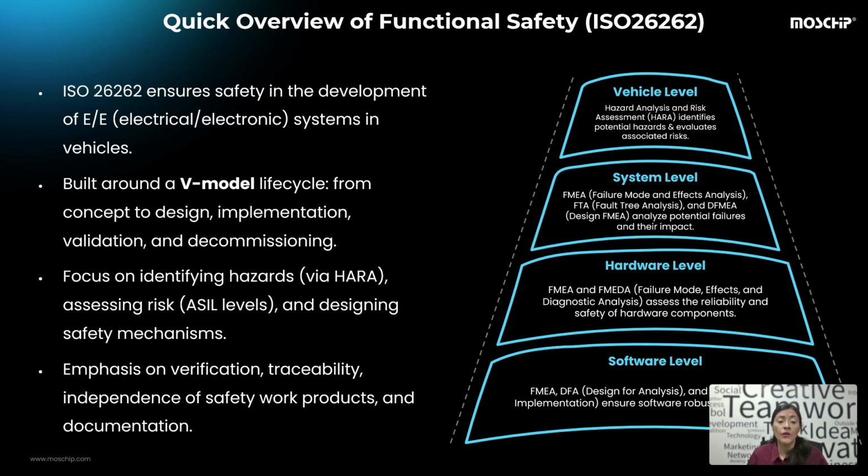At Moschip, we accompany customers through the entire journey: planning, analysis, architecture, tool qualification, and finally post launch validation. So, safety isn't a patch, it's properly baked into the product DNA. Keep the rhythm of this four-step loop in mind. On the next slide, we'll see more details on two critical steps of HARA and SL.